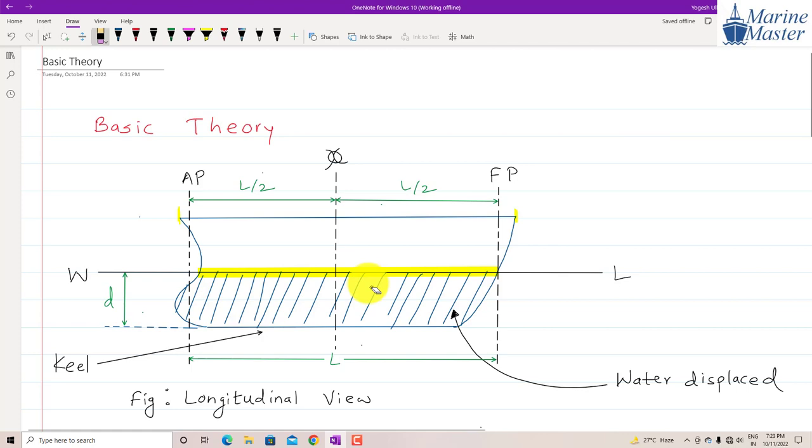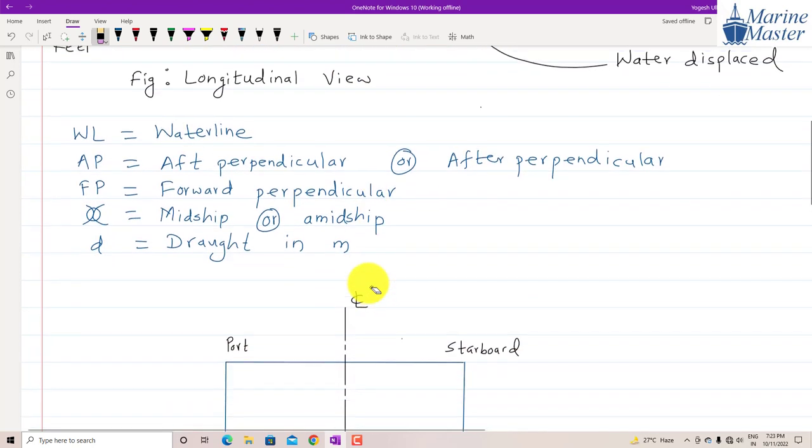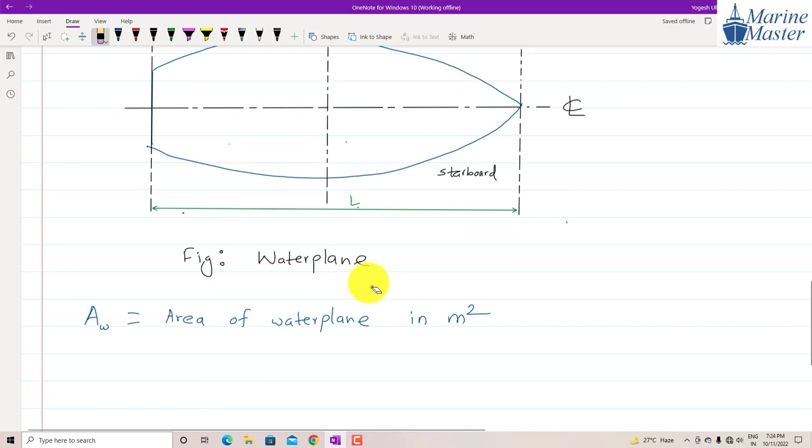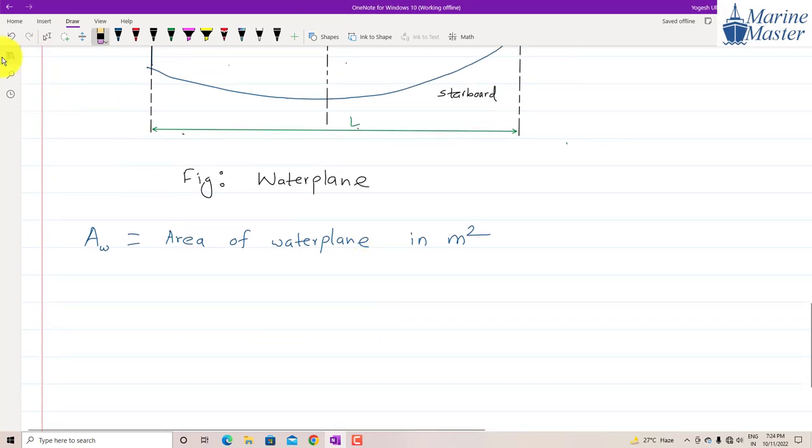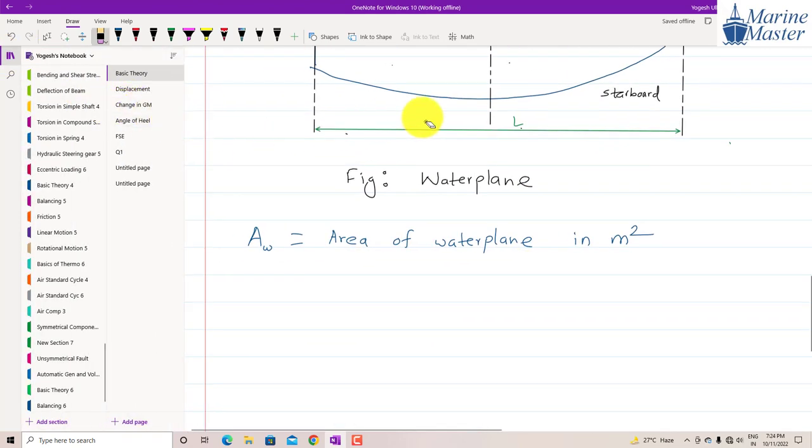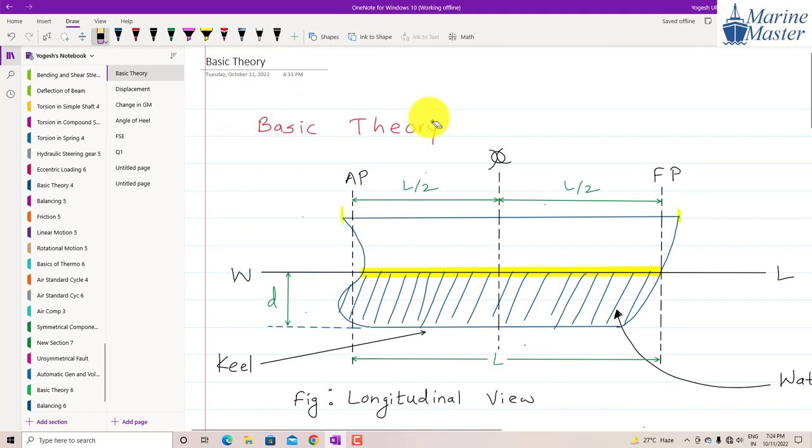So, what is meant by displacement? Let us try to see the scenario. Whatever the mass of the vessel, the same mass of water is going to be displaced. So what is displacing?